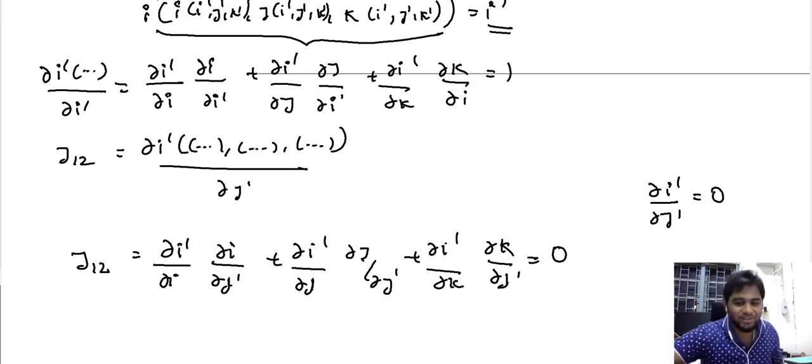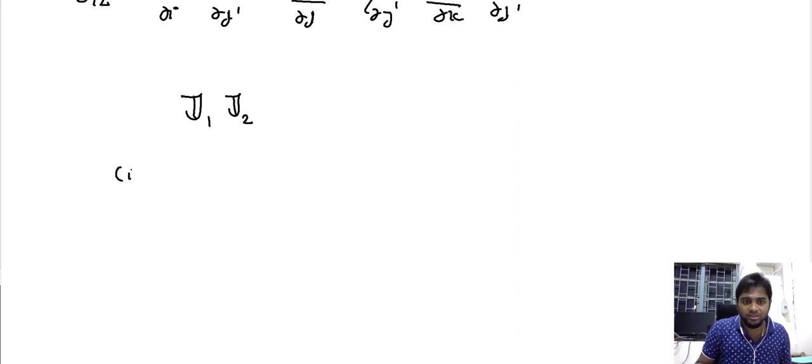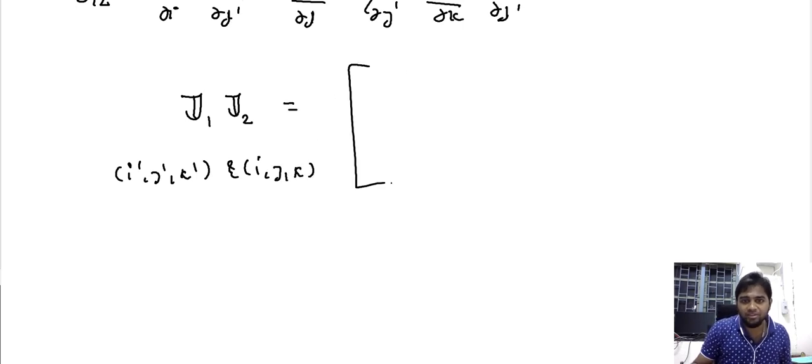Now when we repeat this operation a sufficient number of times, the product of Jacobian 1 and 2, which involves the coordinates I prime, J prime and K prime, and I, J and K, will give us an identity matrix of 3 cross 3 size.